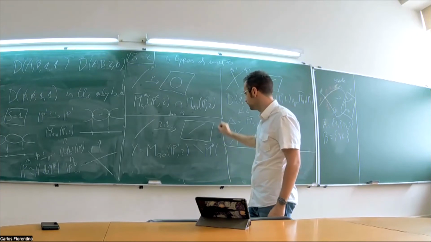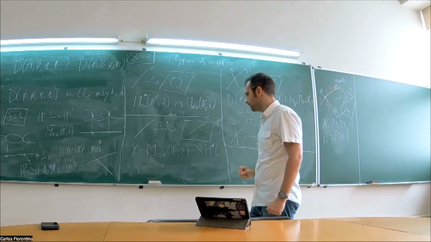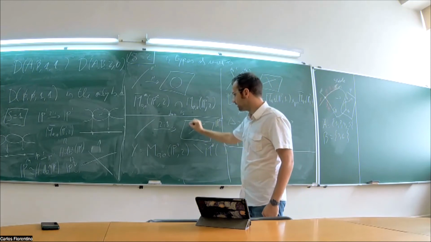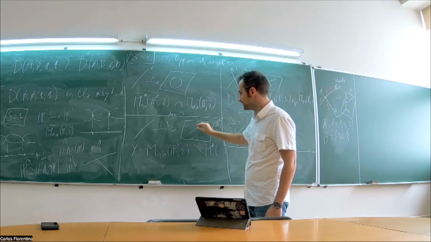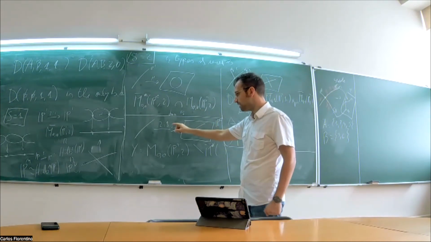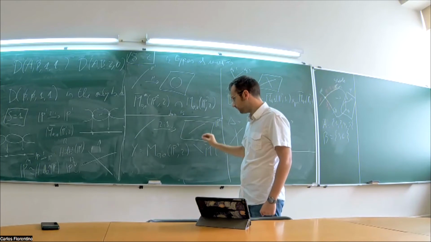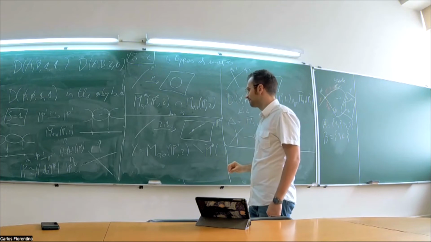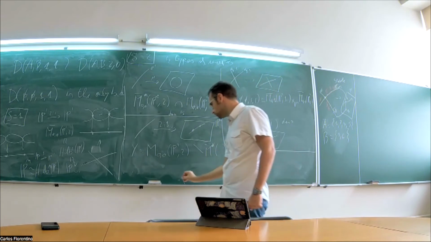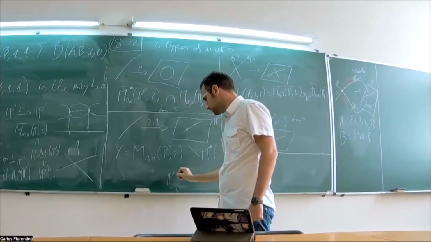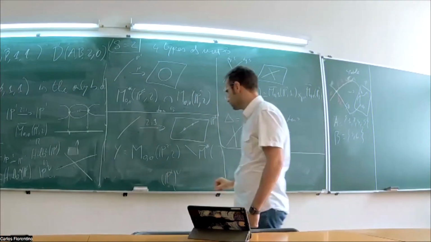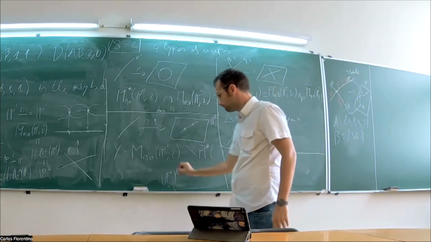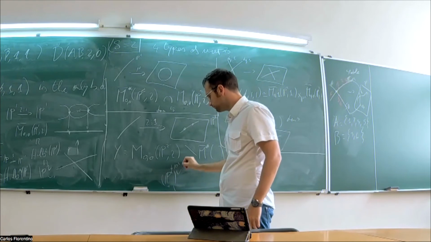And again, how can this space be constructed? We have all the lines in P2. Since this is a 2-to-1 map, it is uniquely defined by the image and by the branch points. So inside P2, which is really P2 dual, the hyperplane in P2, we choose 2 points. So it's a P2 bundle.